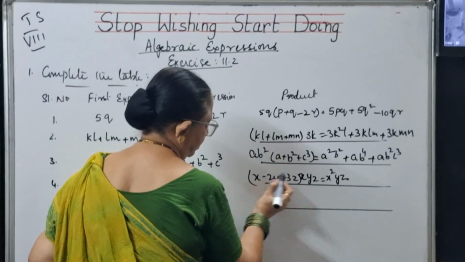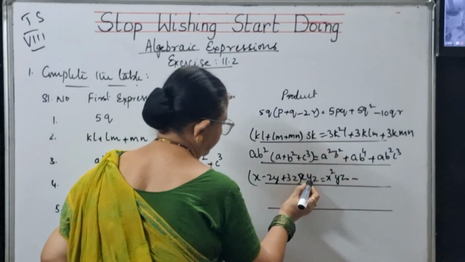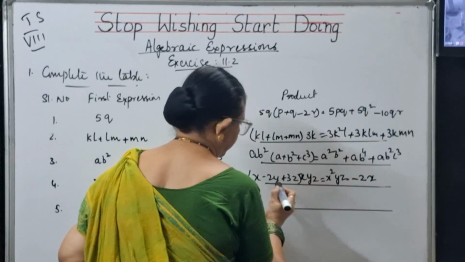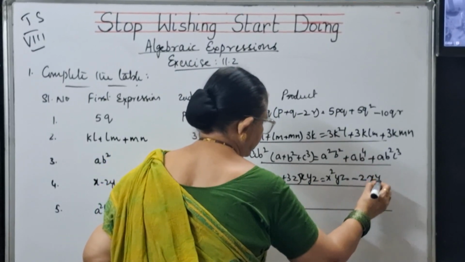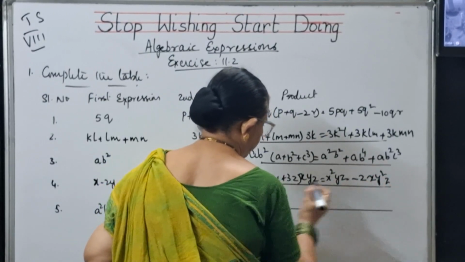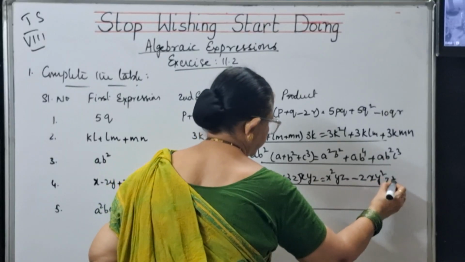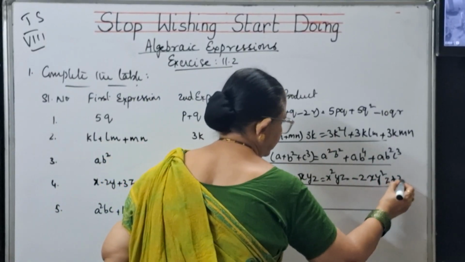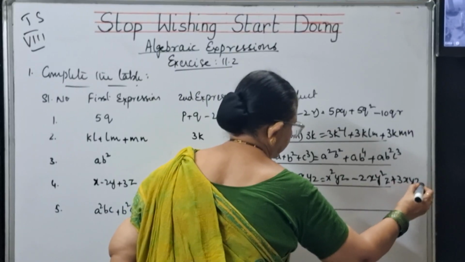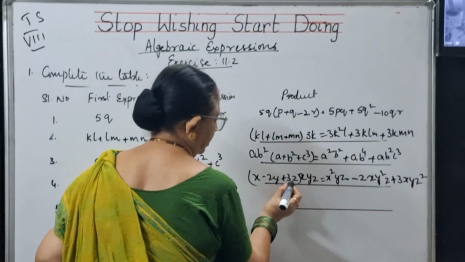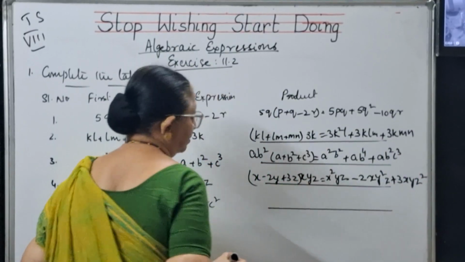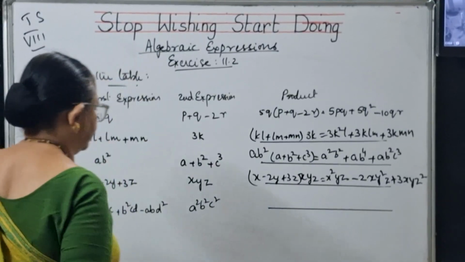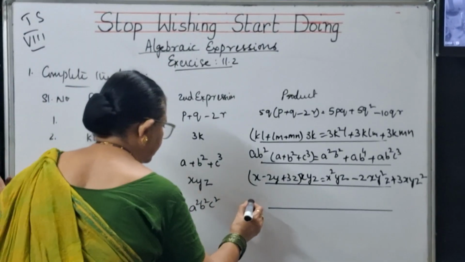Here minus is there, minus into plus is minus 2x y square z, plus 3xyz square, because here only z is there, z into z is z square, remaining x and y we write as it is.